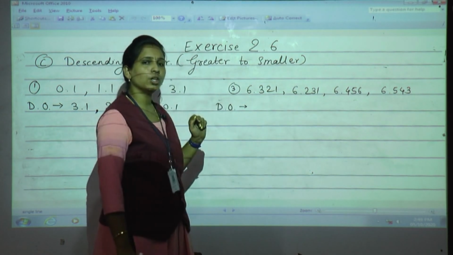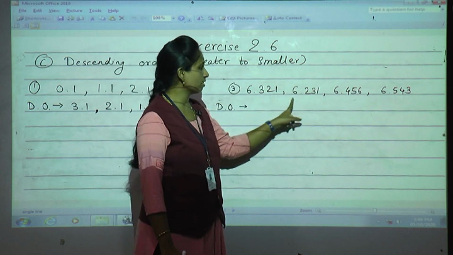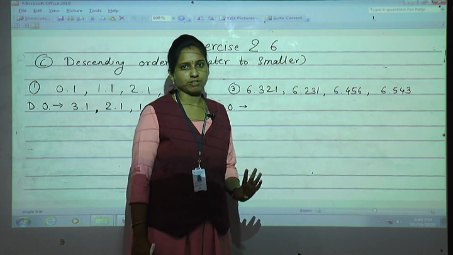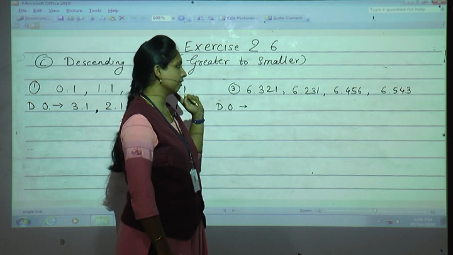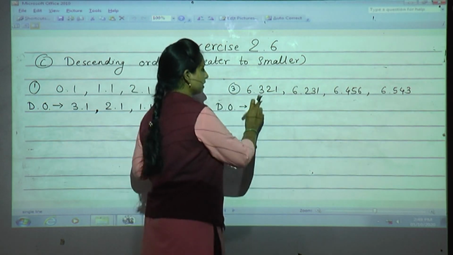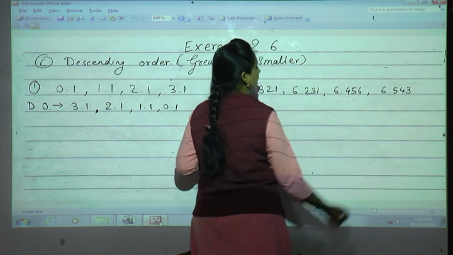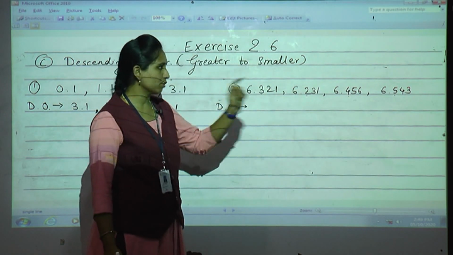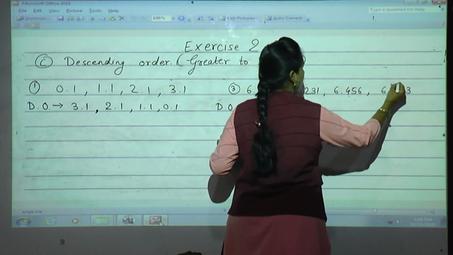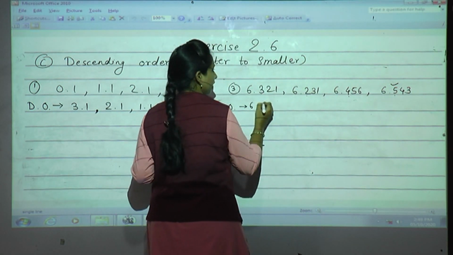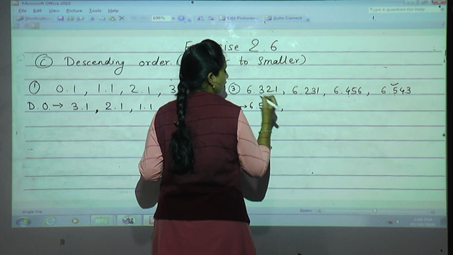Now we will start with the whole number. 6, 6, 6, 6, all are equal. So we have to go with the next place, that is the tenth place. Now see the tenth place: 3, 2, 4, 5. Which is greater, student? Of course 5 is greater. So take this first, 6.543, comma.